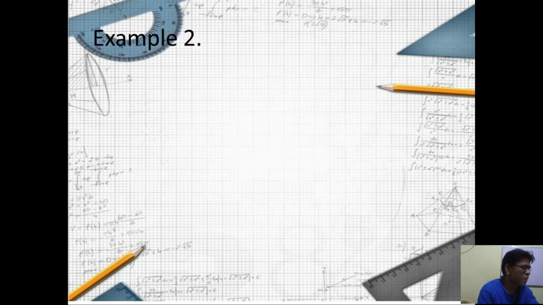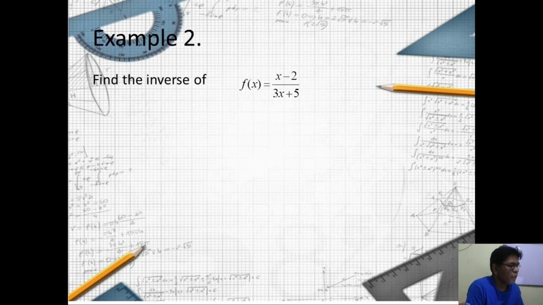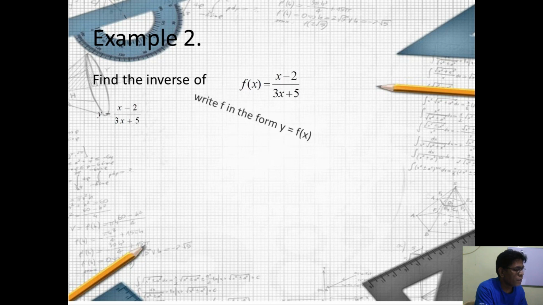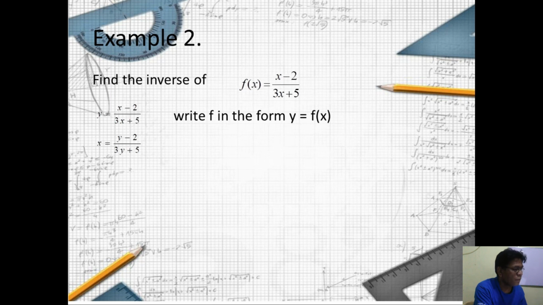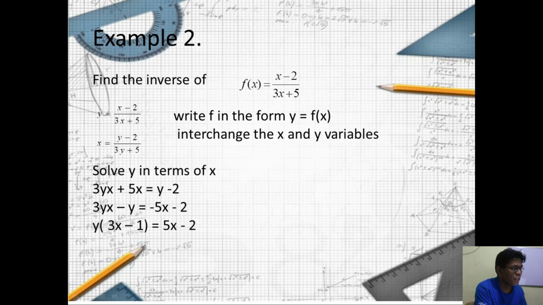Then example number 2, find the inverse of f(x) = (x - 2)/(3x + 2). Then y = (x - 2)/(3x + 2). Step number 1, write f in the form of y. Step number 2, interchange the x and y variables: x = (y - 2)/(3y + 5) equals negative 5x - 2. Then factor out y.